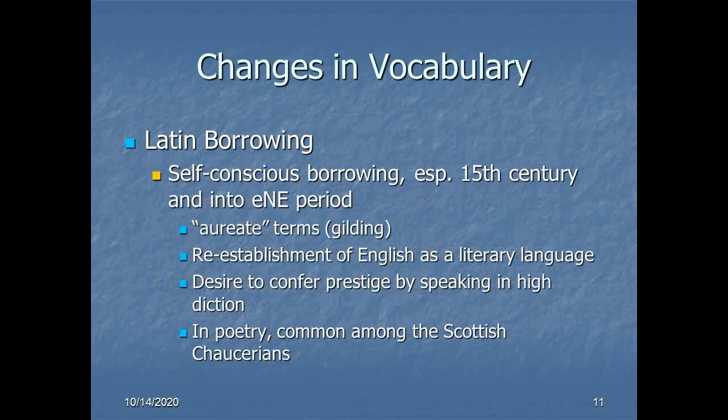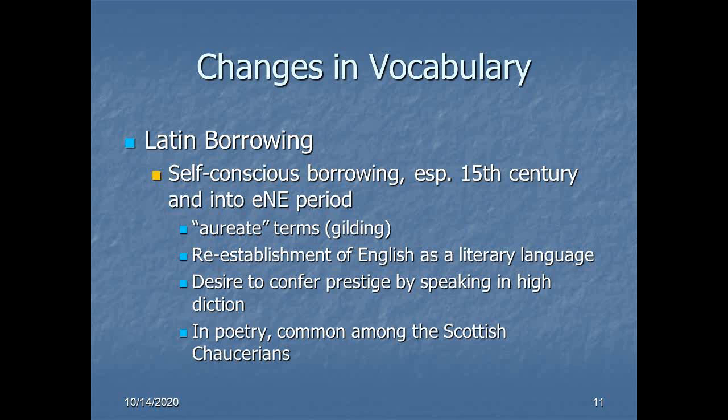And speaking of poetry, this is also a major area of borrowing from Latin. And it's done quite self-consciously from about the 15th century. Many of the terms that come into the language through this avenue are referred to as aureate terms, and the process is referred to as gilding.